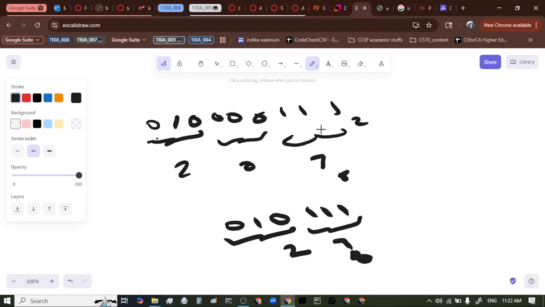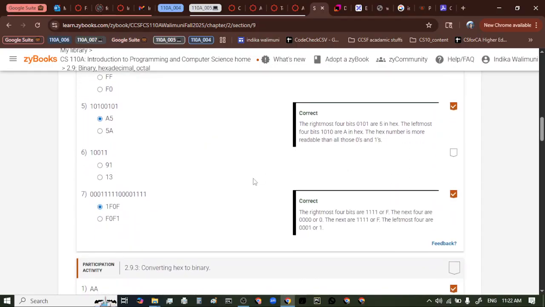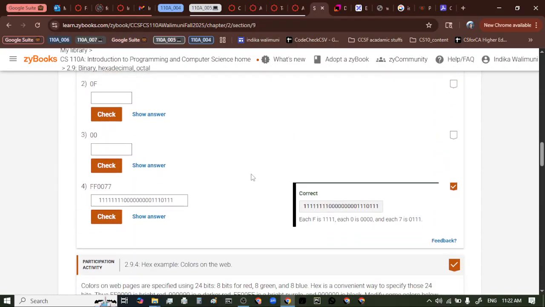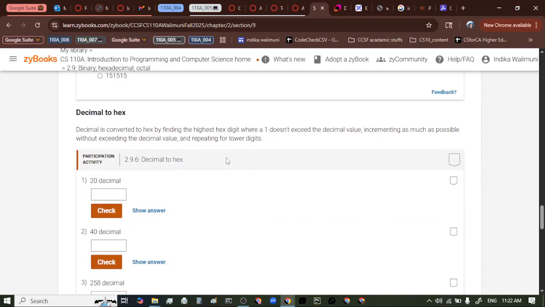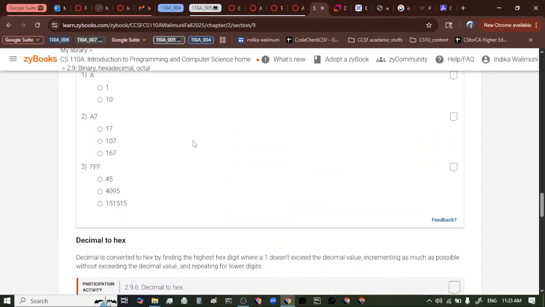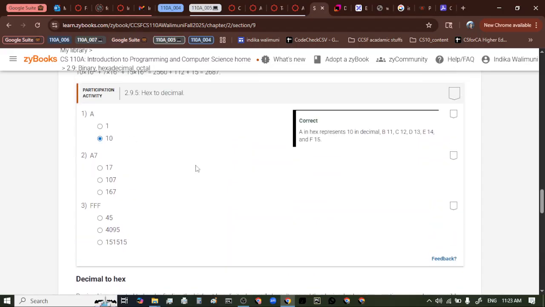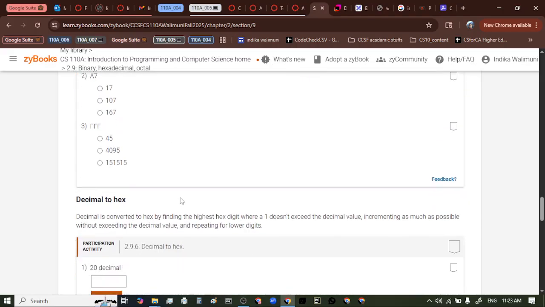All right. You can use the same table for that as well. So let's go and do some of these. So we did that. So hexadecimal is, sorry, decimal.